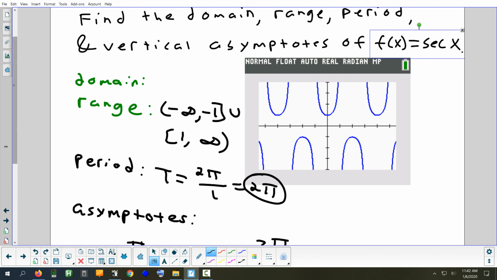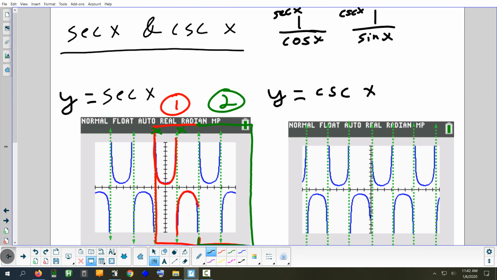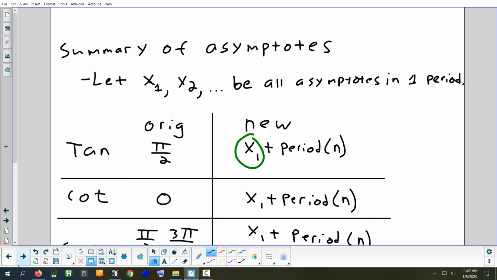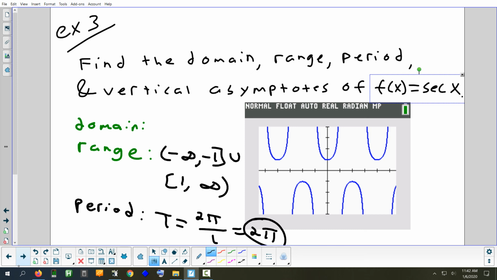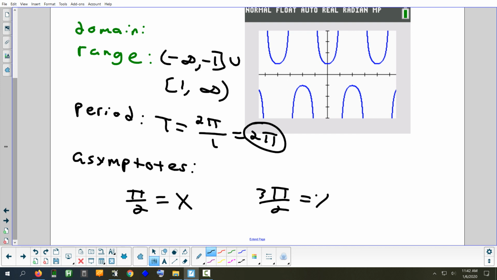It's what's being plugged into secant. On slides somewhere, I explained what argument was. That's the argument. So what's the argument to secant? X. That's what you're taking the secant of. So set each asymptote equal to the argument and solve.